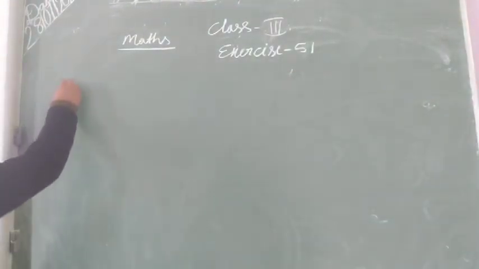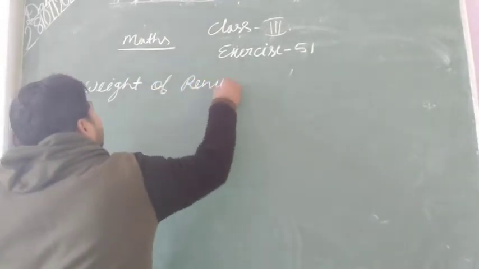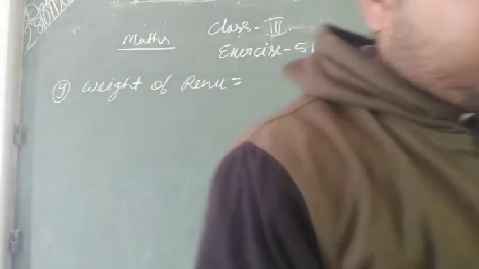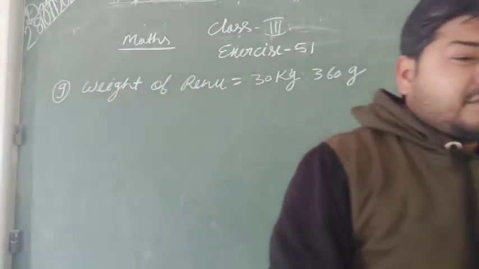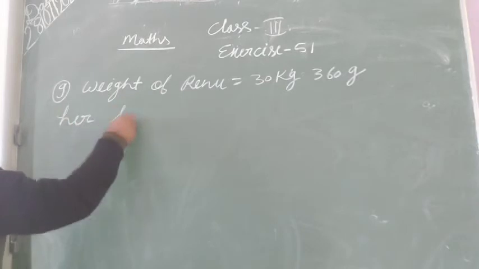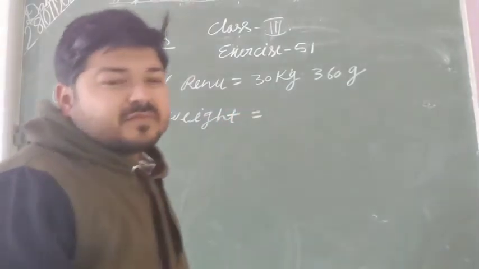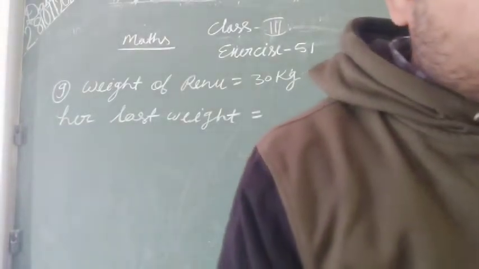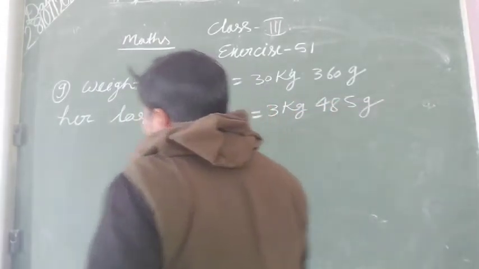So you have to write weight of Renu equals 30 kg 360 gram. Her lost weight, 3 kg 485 gram.